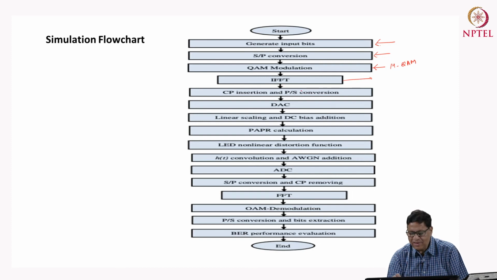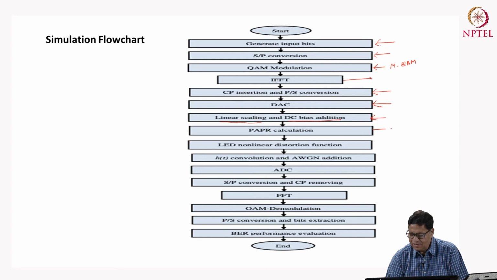And then once you have done the IFFT, you have to add CP, and also do parallel to serial conversion. And then, as discussed earlier, you do digital to analog conversion, and then you add DC to the signals so that you get positive signal. So this is DC bias addition, and also do some sort of linear scaling if required.